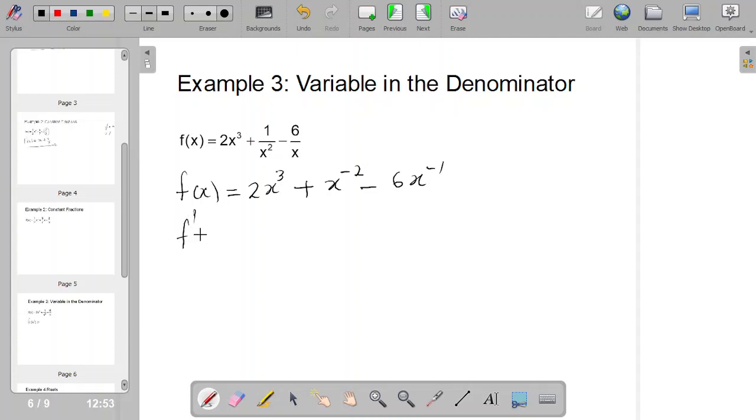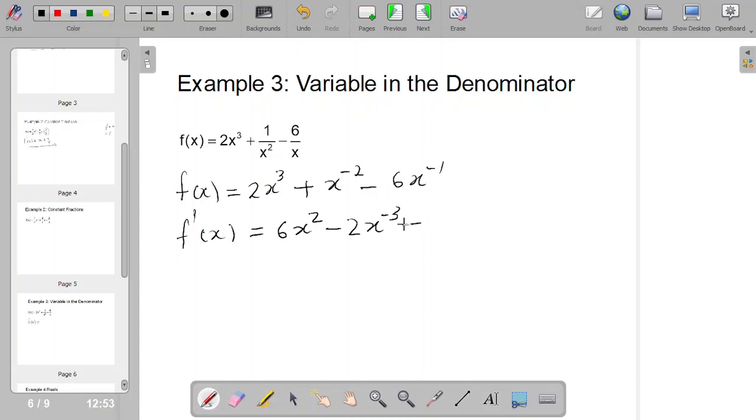So you say f prime of x equals 3 times 2 will give you 6x, 3 minus 1 is 2. You come here, you say negative times positive is negative. 2 times 1 is 2. x, minus 2 minus 1 would be minus 3.